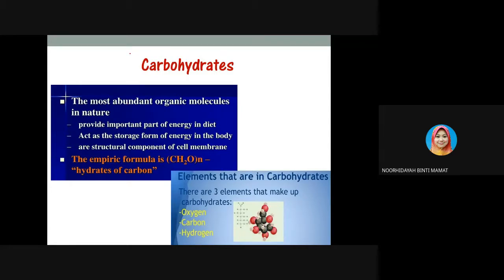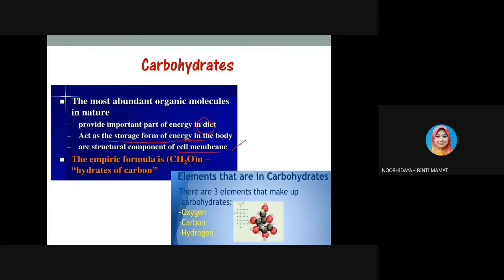Carbohydrates are the most abundant organic molecules in nature, and they provide an important part of the energy in our diet. They can act as a storage form of energy in our body, and they are also a structural component of the cell membrane.